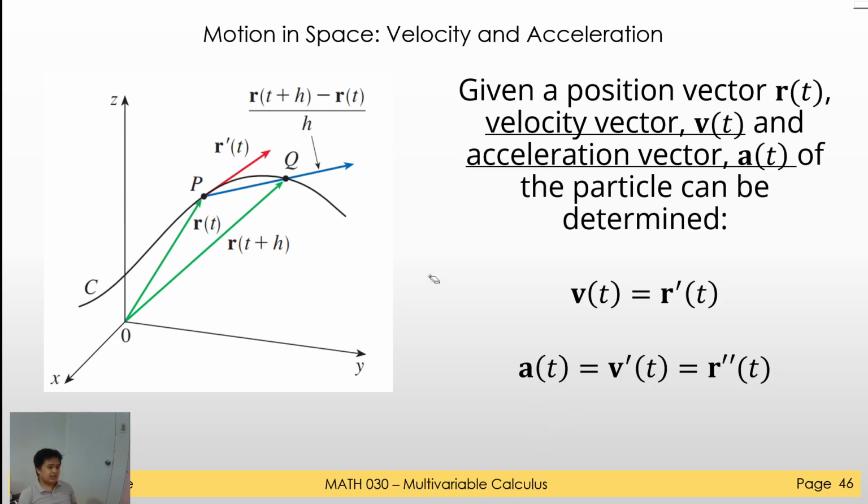Now again, given your position vector, you can find the velocity vector and the acceleration vector. So if you know the position vector of your particle, you can predict its velocity and acceleration using differentiation, and integration vice versa.